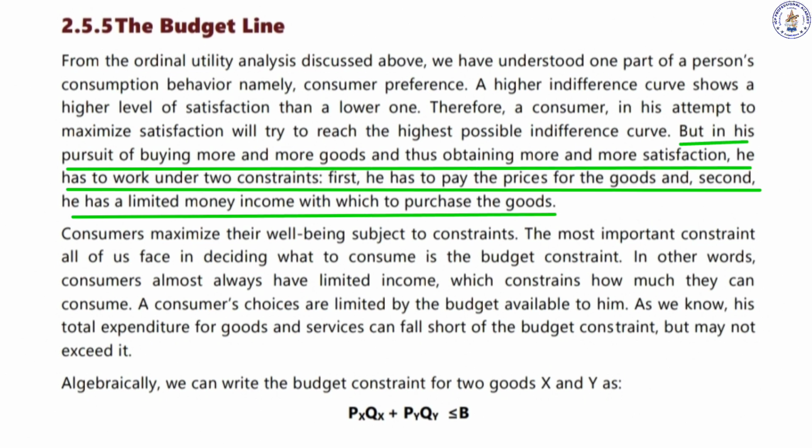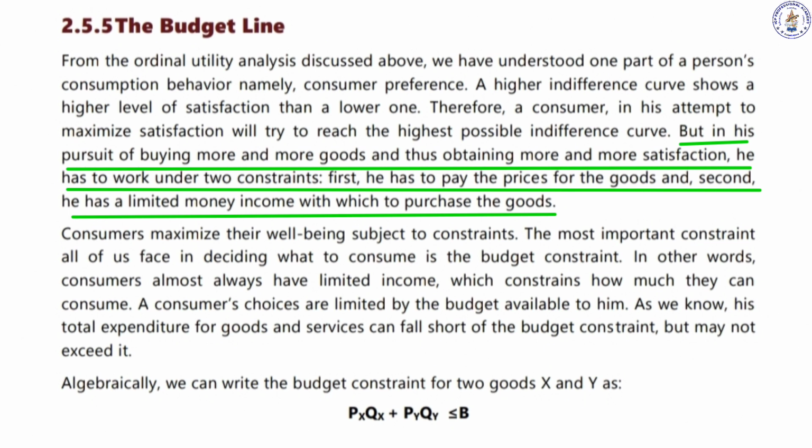When he needs to get a higher satisfaction, he needs to buy more and more of the goods. For that, he has two conditions to be fulfilled. First, he has to pay the prices for the extra goods that he wishes to buy to satisfy him.